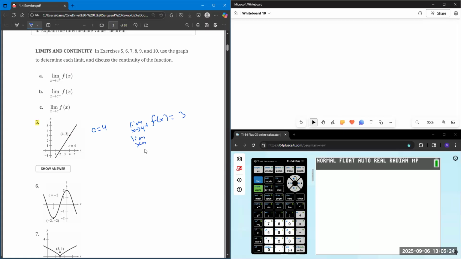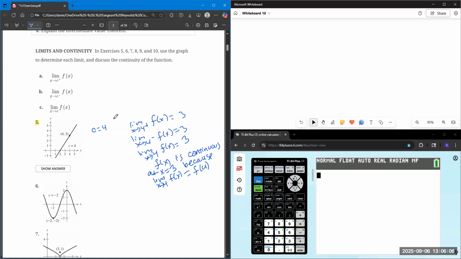The limit as x approaches 4 from the left of f of x is equal to 3. The limit as x approaches 4 of f of x is equal to 3, and f of x is continuous at x equals 4 because the limit as x approaches 4 of f of x equals f of 4.